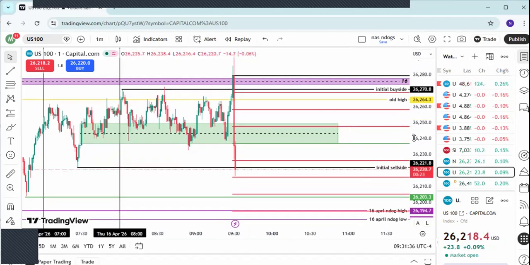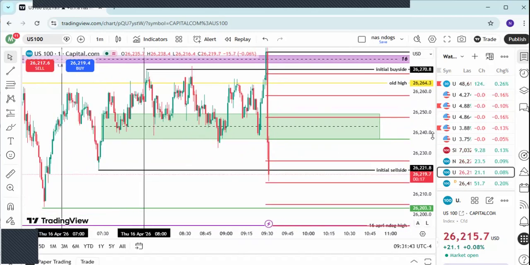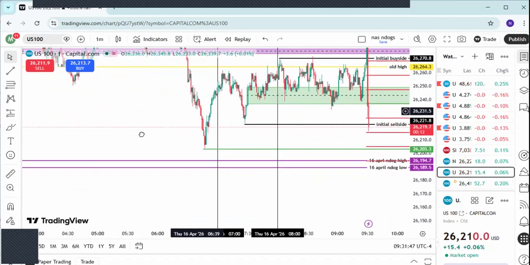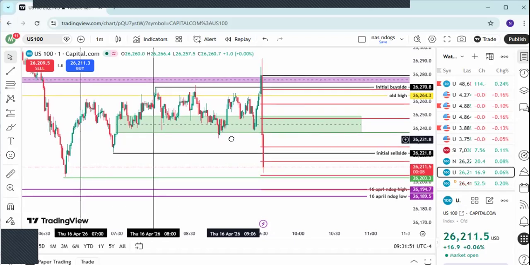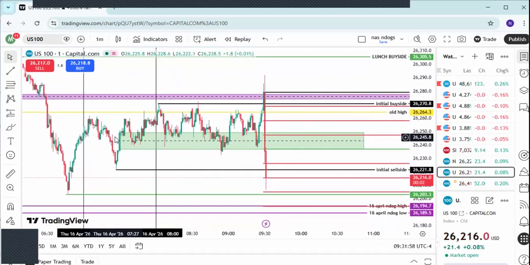So basically, I'd like to see no bodies on the upper half of this. Sell side was taken here. I'd like to see it go lower. Okay, that's nice. Initial sell side is gone. Buy side taken, sell side taken. This is a trade on its own.